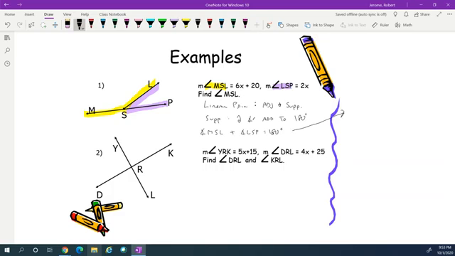So we observed that we have a linear pair. By definition, that means they're supplementary. By definition, that means they add to 180. So that gives us the equation. Now we're going to substitute MSL is 6x plus 20, LSP is 2x, and that total is 180. So we have 8x plus 20 equals 180. 8x is 160, and x equals 20.